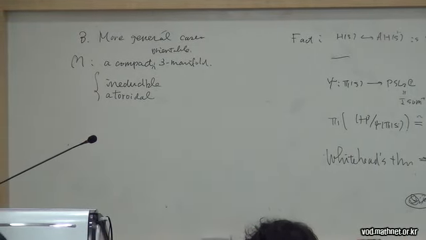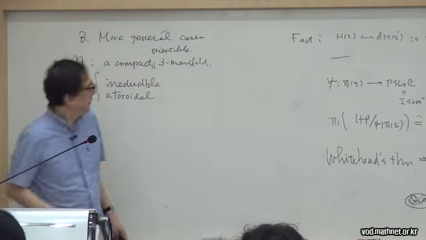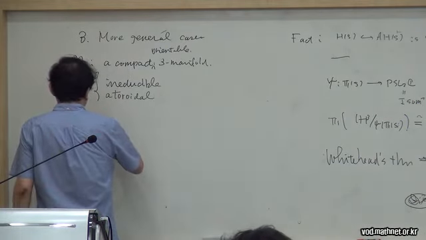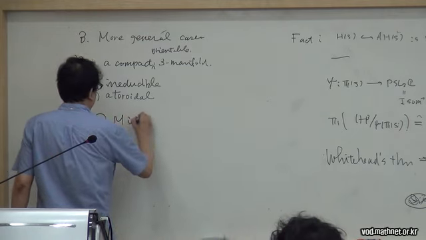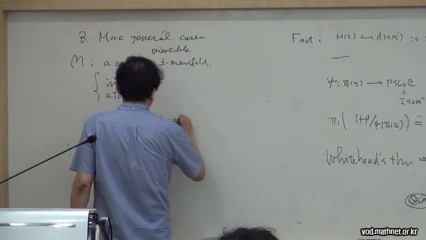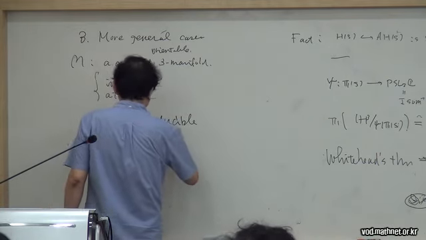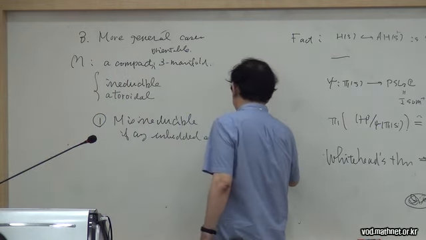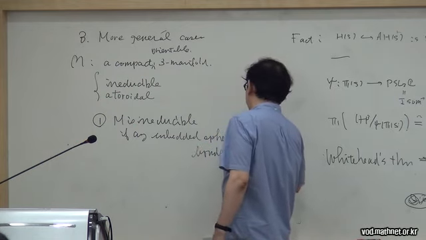To consider hyperbolic structures, we have to impose these two conditions. Let me tell you what they mean. First, M is irreducible if any embedded sphere in M bounds a three-ball.